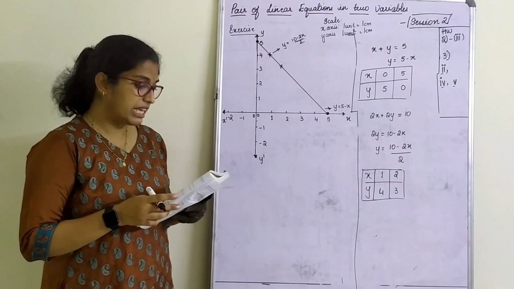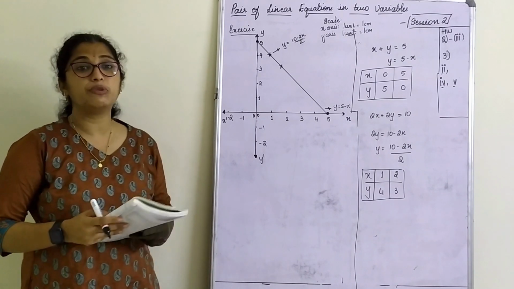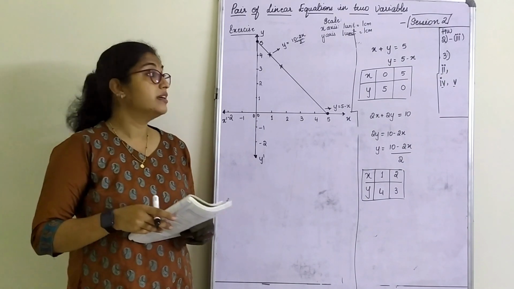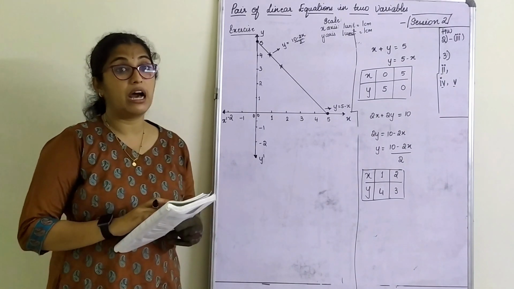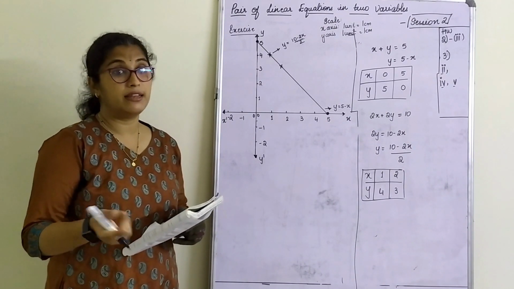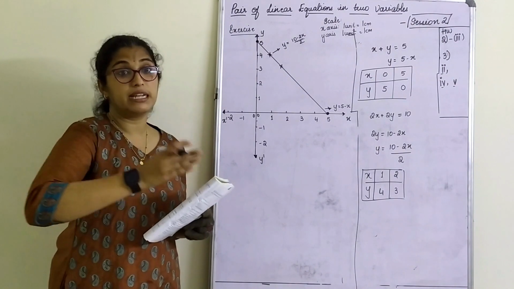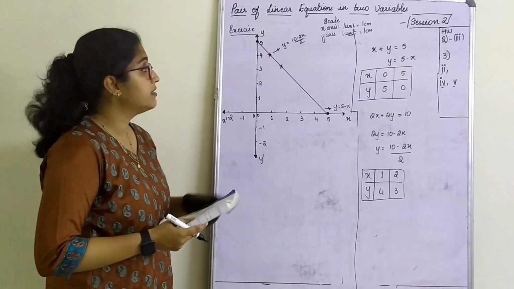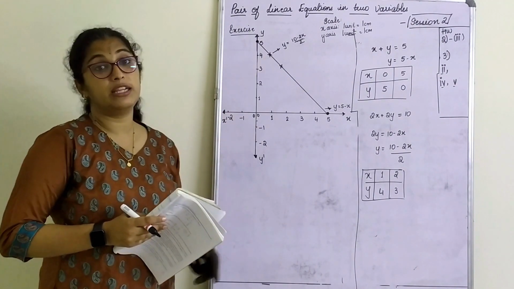So second, third and fourth, first of all you need to find whether the given equations are consistent, that is intersecting, coincident or parallel. Only if it is intersecting or coincident, they can be consistent and you can draw the graph.